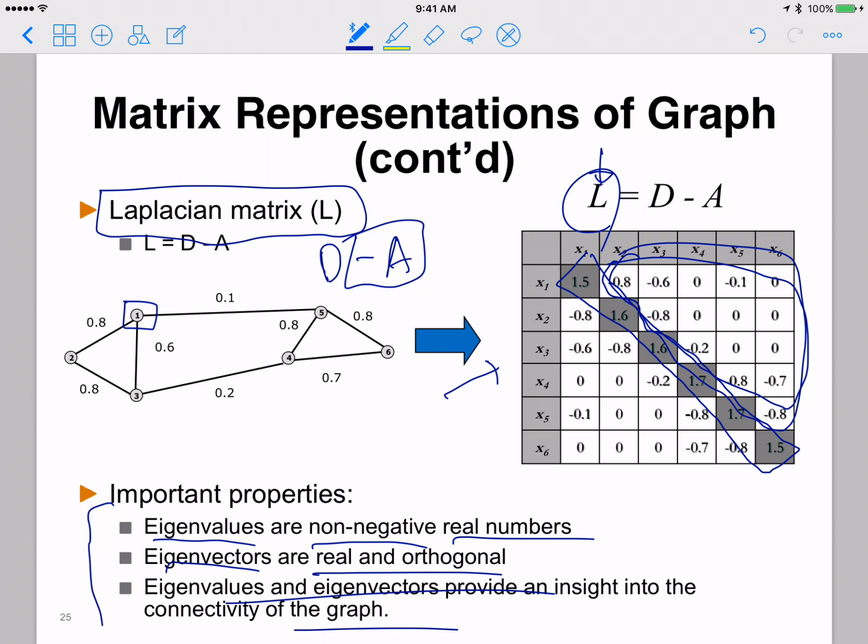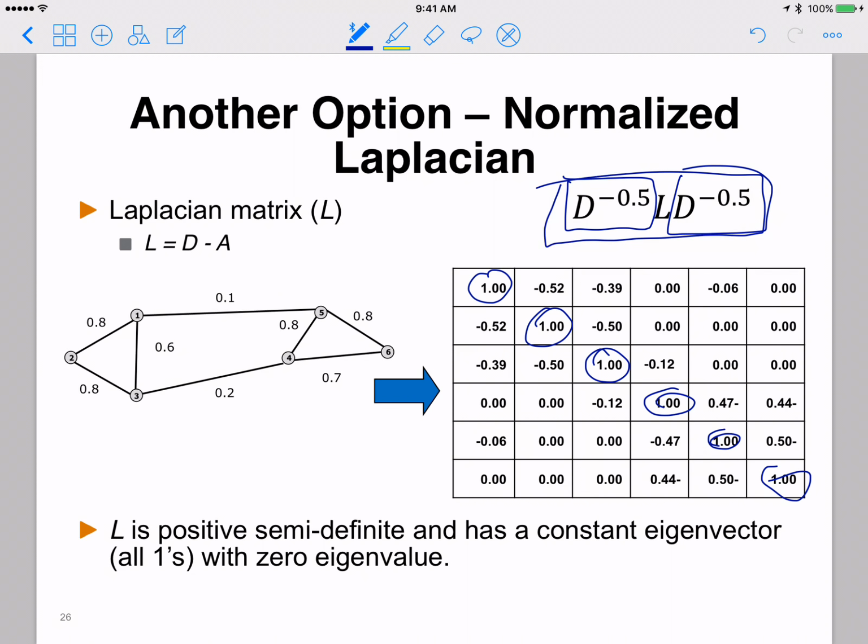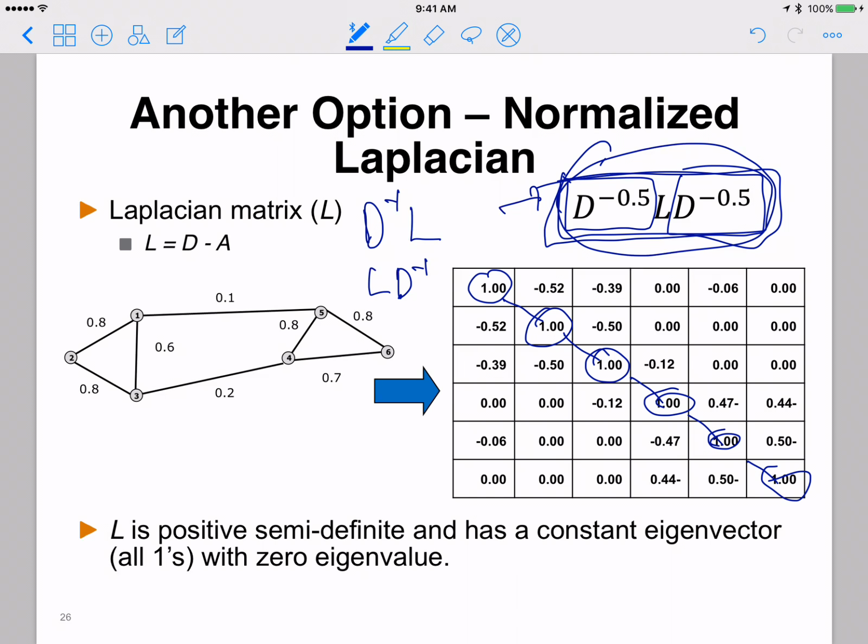In that case, we can normalize their degree so that they all have the same degree. This normalization can be done either on one side or from both the left and right, normalizing this Laplacian matrix in this manner.